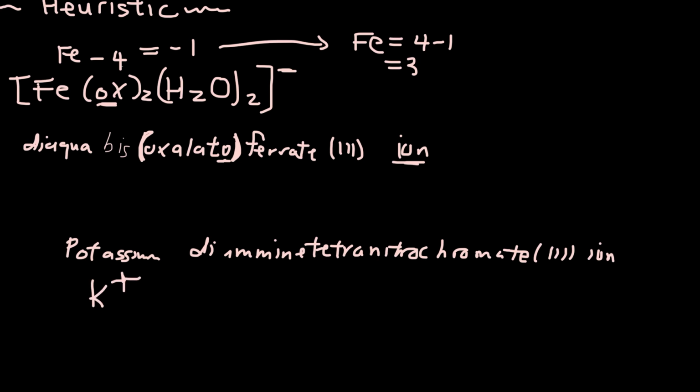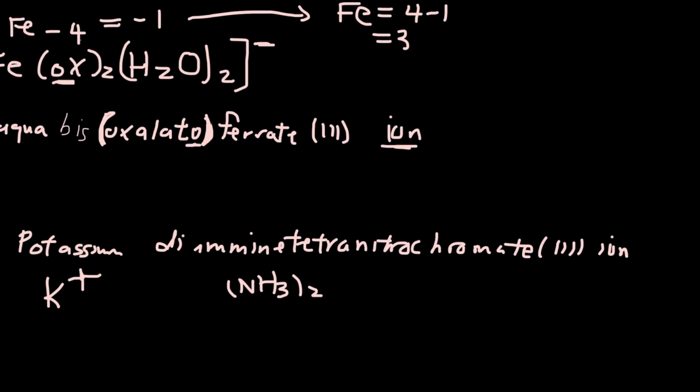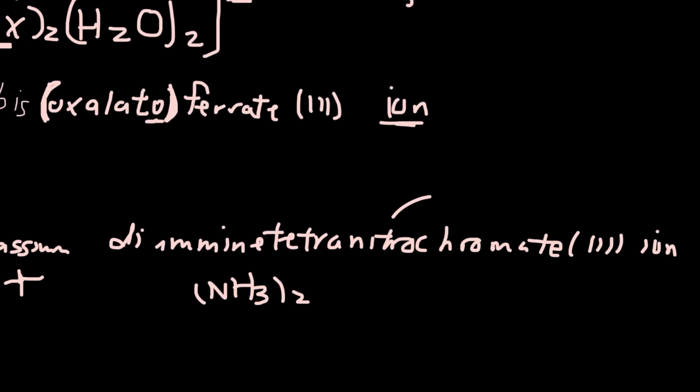So potassium is 1 plus charge. Diammine, tetranitro. So nitro is when it's bonded to N, while nitrito is when it's bonded to O. Okay. And this has a -1 charge.